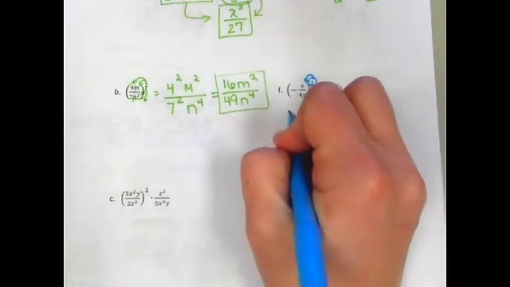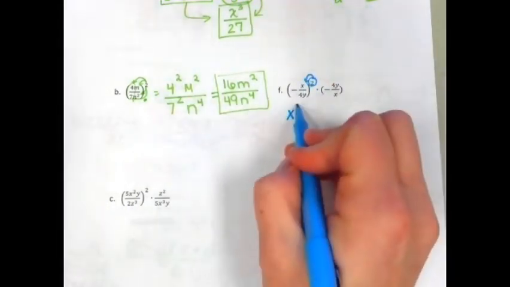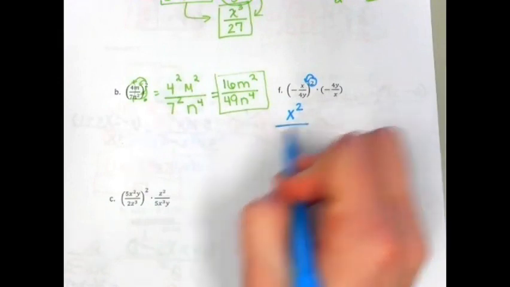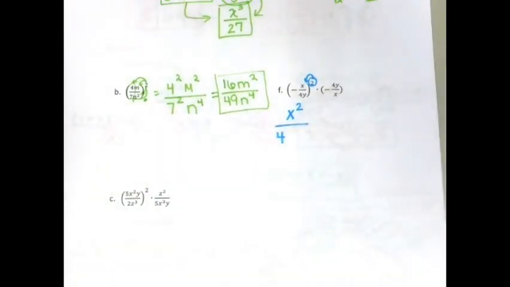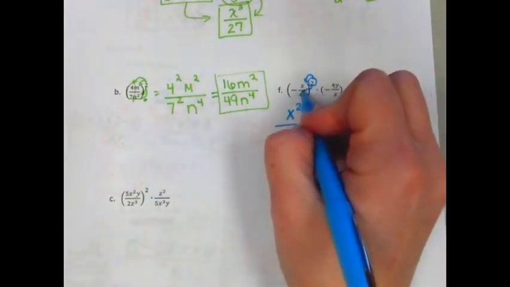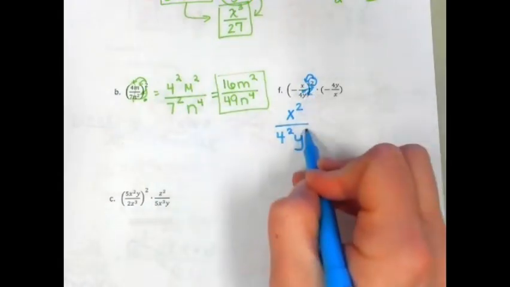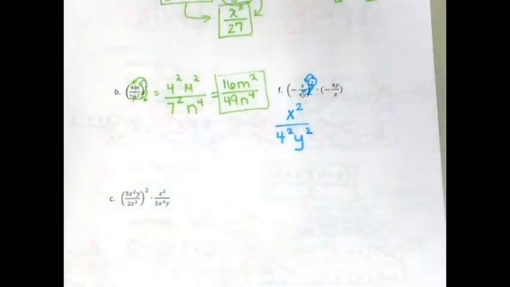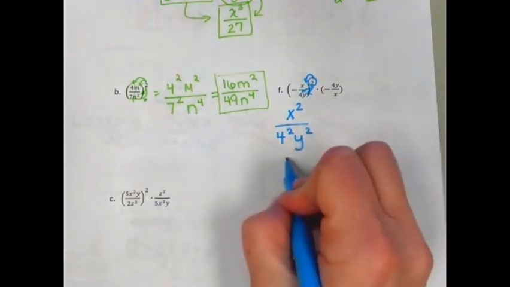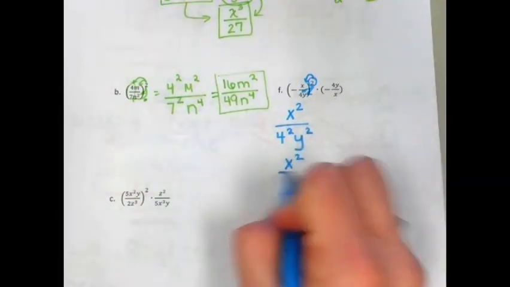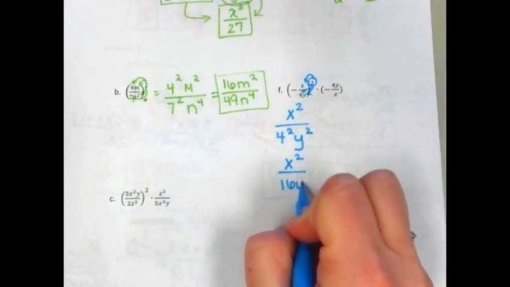So x to the second power over 4 to the what power? Second power. Y to the second power. Okay. Now let's simplify. What is 4 squared? 16. y to the second.